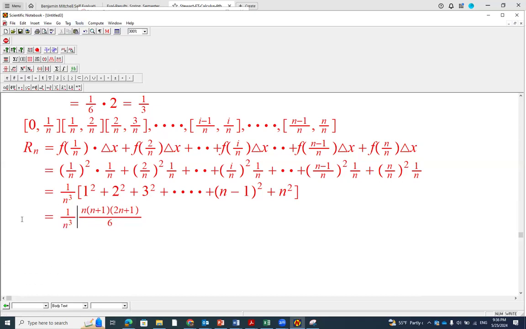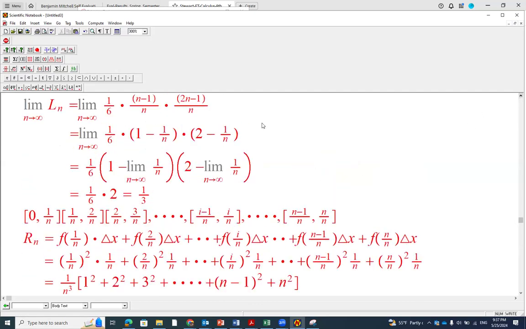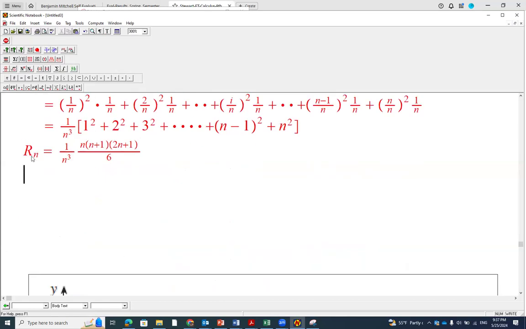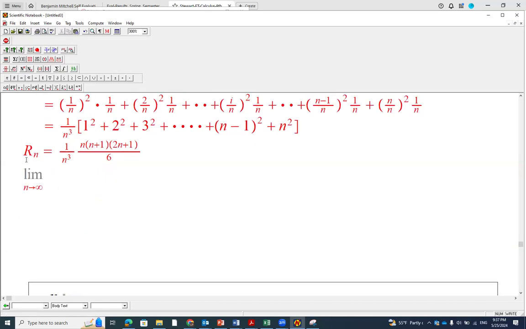So that's the right endpoint approximation of each subinterval. Next, we're going to take the limit. What kind of limit are we taking? We're going to take the limit as n approaches infinity on R sub n.